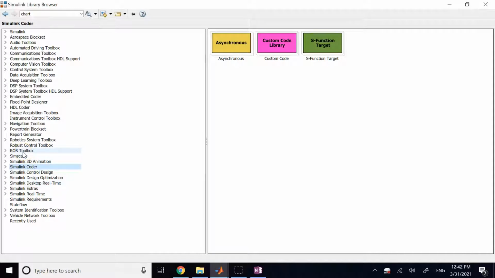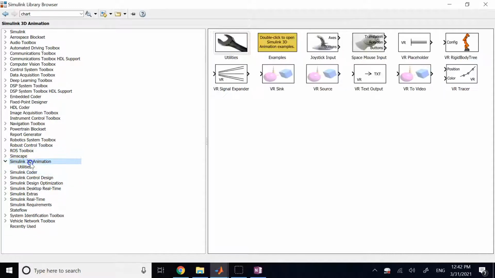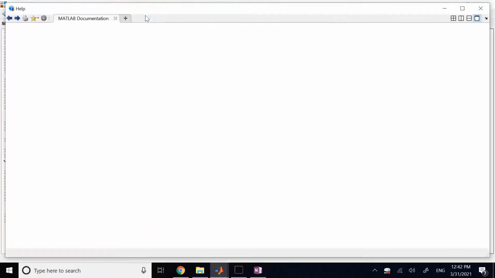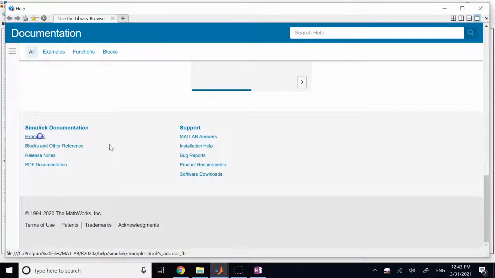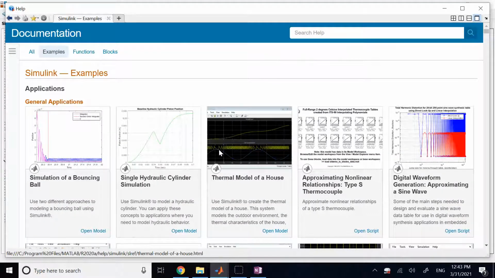See if I have it installed here. 3D animation. This guy. And this one is amazing. It can show you virtual reality examples. And these are the blocks for showing virtual realities. This is really, really amazing. I love this 3D animation. It's way more realistic. You can change background scenes. And let's see if I can show you an example of this, because this is amazing.